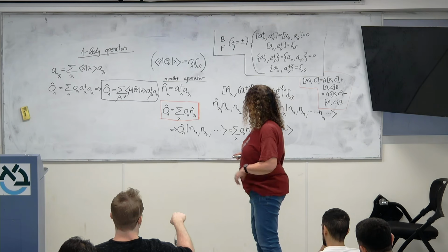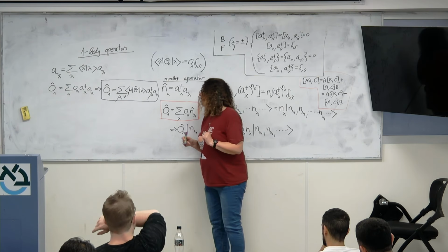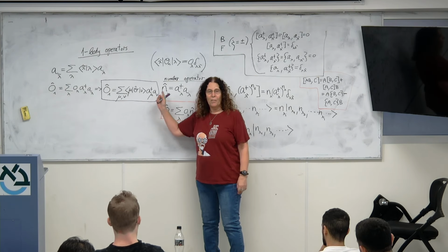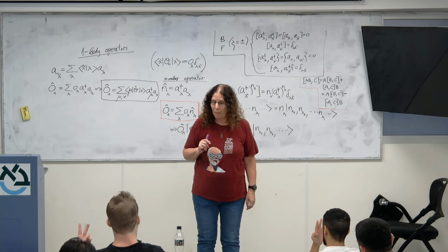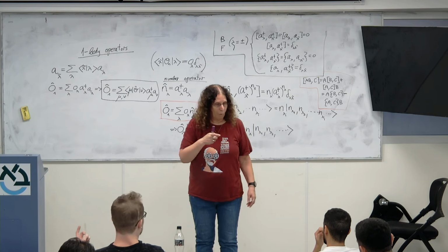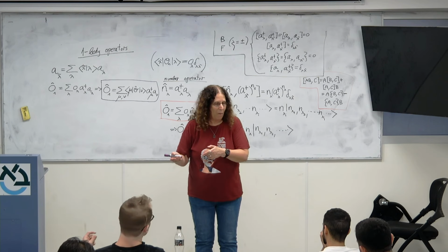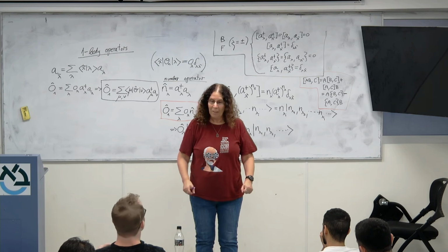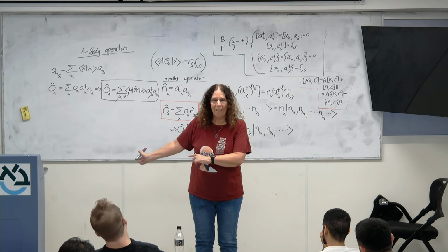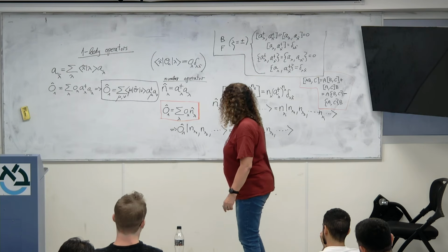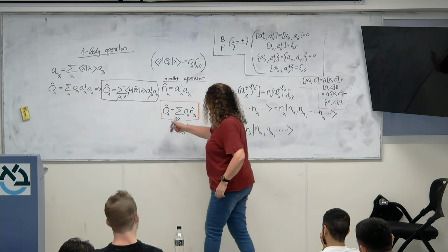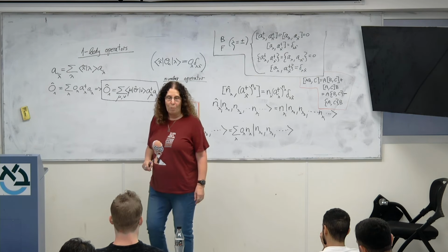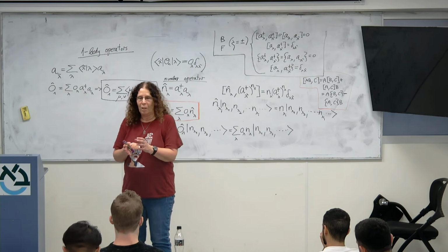Right, but let me refine the question. How many a's and a daggers will you have in the expression? Four. I mean, two of each. Okay, we'll see how we get it, but it's a good guess, because this acts on one particle, and we have to write something that acts on two.